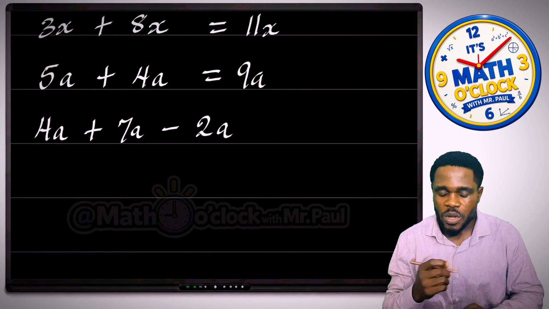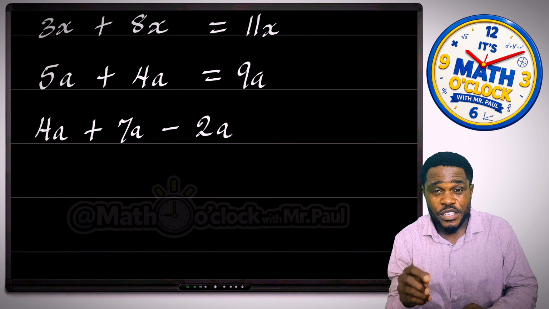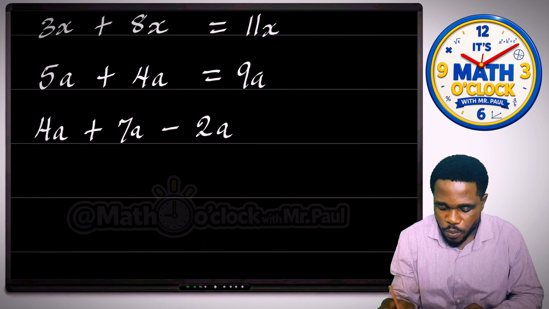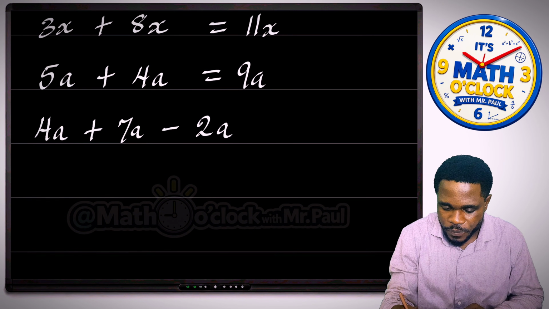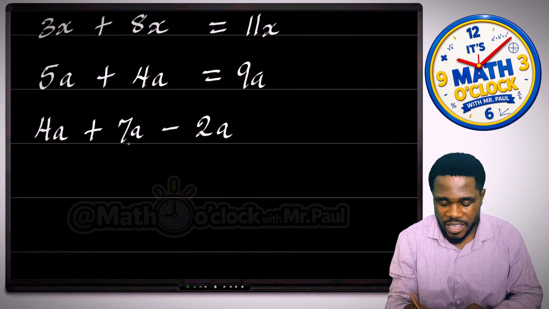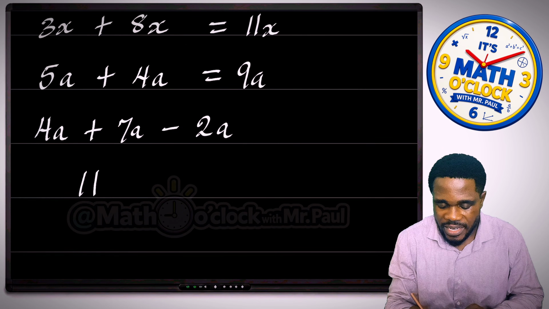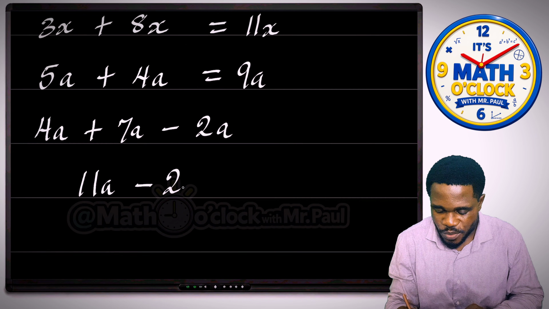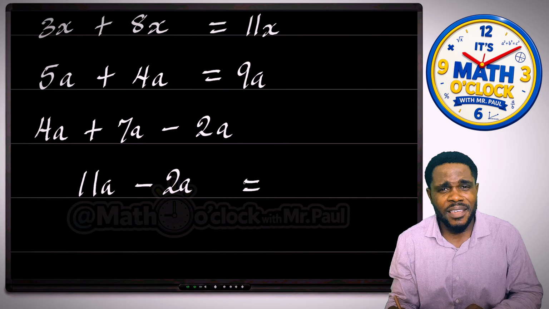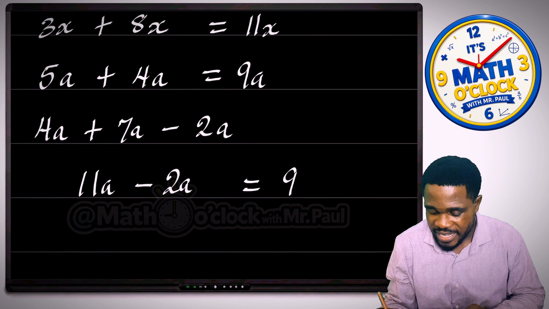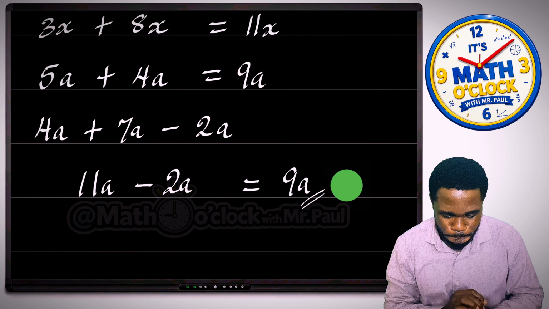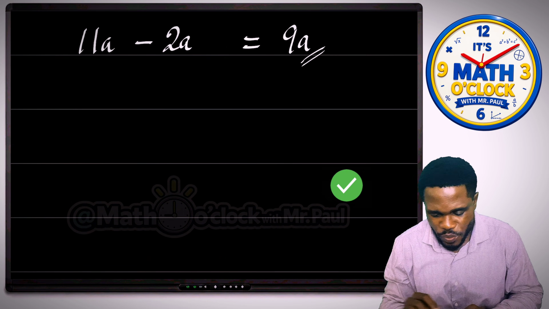So we are going to do addition first before subtraction. Therefore, adding 4a plus 7a gives us 11a, then minus 2a. So 11a minus 2a is going to give us 9a. Quite easily done. Now let's go to the next.